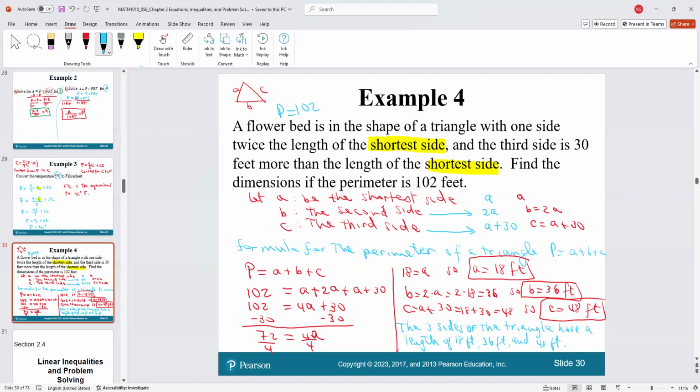And if you add all these three sides together, the total would be equal to 102.